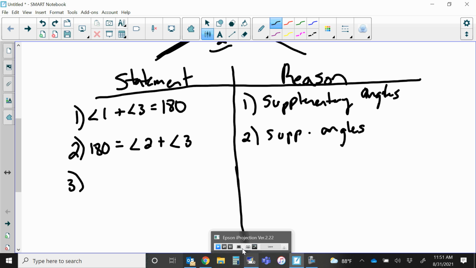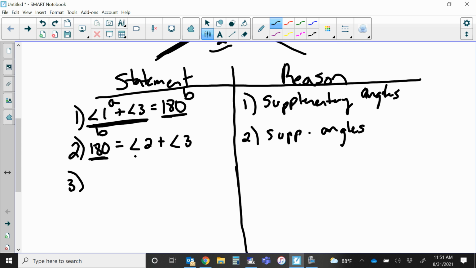Why do you say transitive property? Why are you saying transitive property? Yeah, but why are you saying it up here? Because what is 1 plus 3 representing? A. What is the 180 representing? B. Do you follow me? What is the 180 representing again down here?